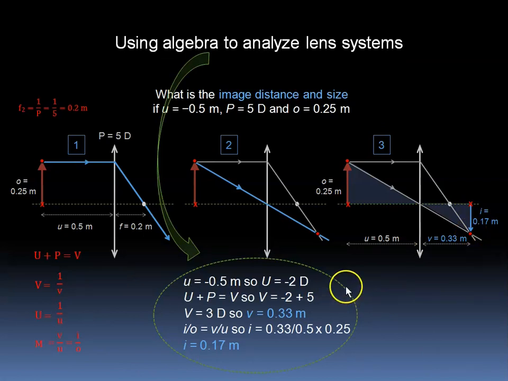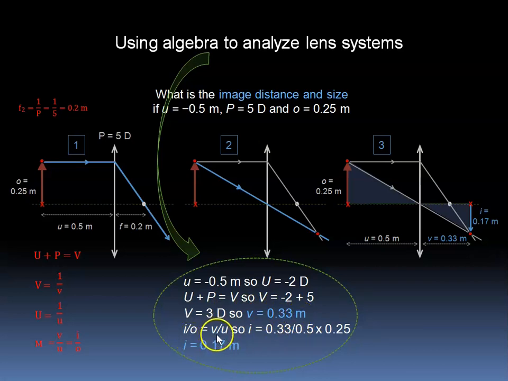Using algebra to analyze the lens system, we would do it a little differently. U is minus 0.5, so big U is minus 2 diopters. U plus P equals V, so V is equal to minus 2 plus 5, which gives us 3. That means V distance is 0.33 meter.